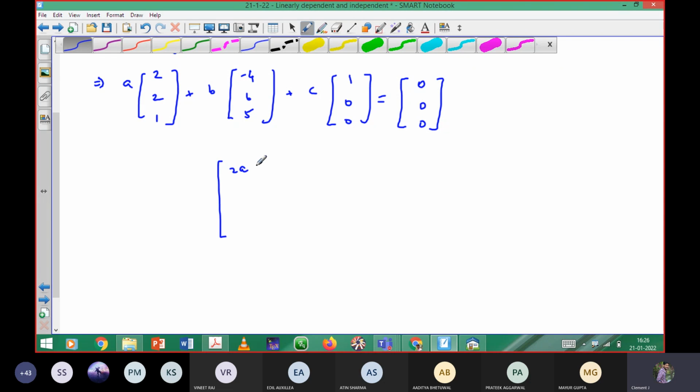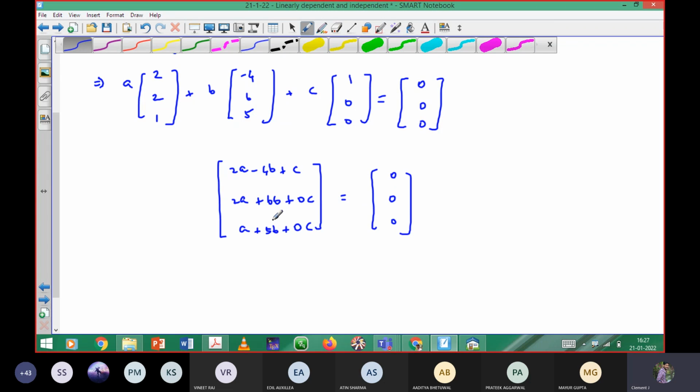Here 2a minus 4b plus c equal to 0. Next, 2a plus 6b plus 0c equal to 0. a plus 5b plus 0c equal to 0. Further it can be separated as three linear equations.